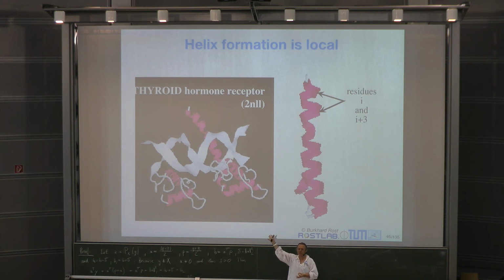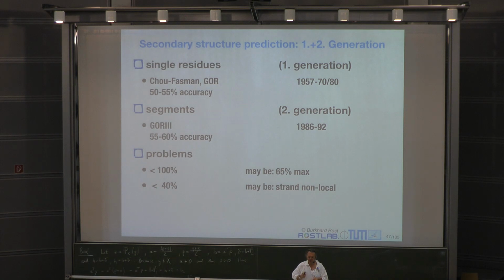Helix forms by local interactions, but not strands. In fact, if we don't use the edit distance, but ask how many errors you make in predicting strands, then the answer is 40%. So strands are predicted at a level of 40% accuracy.